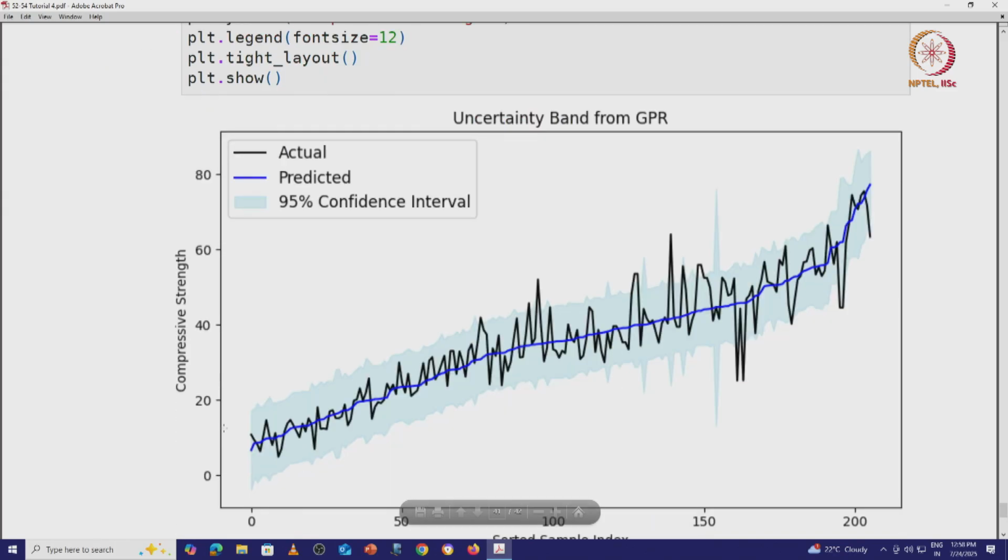Okay. Like I said, the black is the actual data, the prediction is smoother, of course it cannot capture all the variations, and then you can see the confidence interval. In regions where the confidence interval is spiking, you can add more training data to reduce the uncertainty band from GPR.